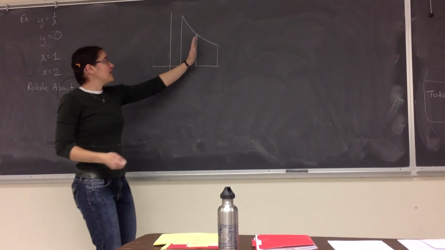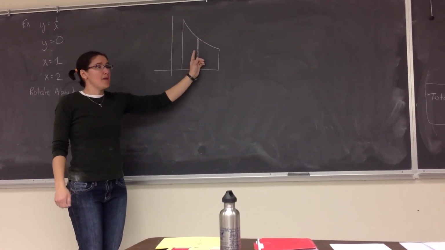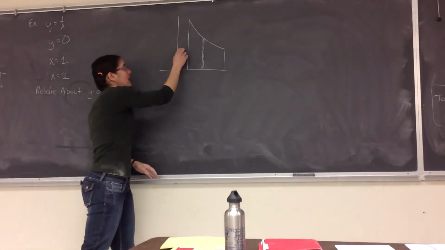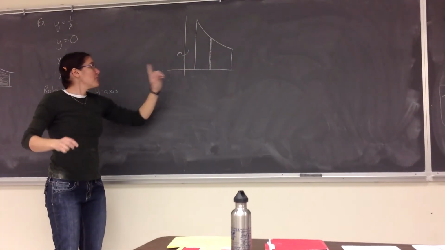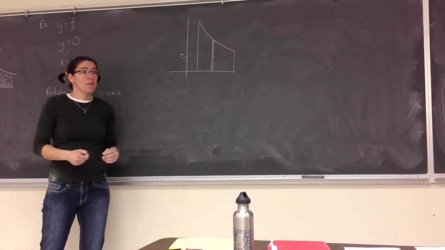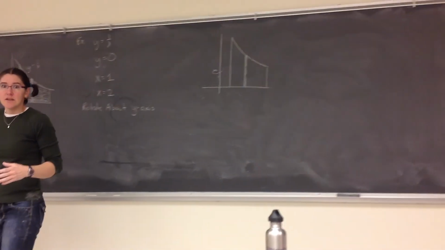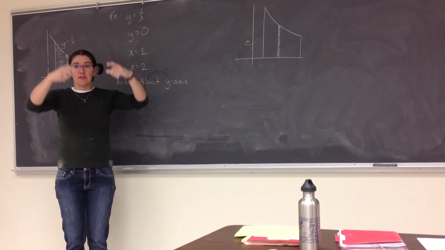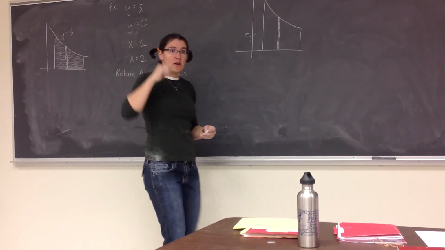If I take this vertical strip and I pull it out of the board and rotate around the y-axis and bring it back into the board over here on the left side and then around the back, the shape that I'm going to get is essentially going to look kind of like a vertical cylinder. It's going to have very, very skinny walls.